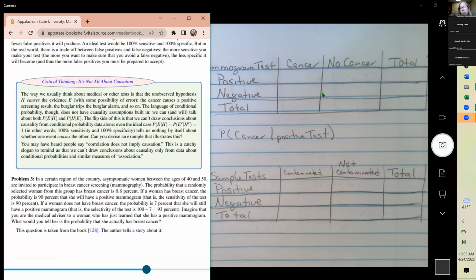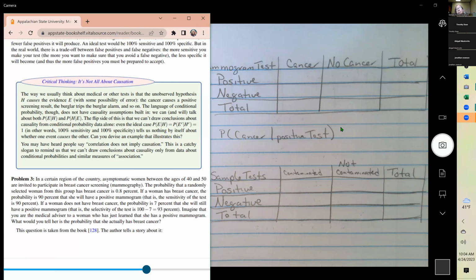What would you tell her is the probability that she actually has breast cancer? And so once we set up the table, we would be finding this probability. Remember, this line means given. So given that she had a positive test, what's the probability she has cancer? And we'll look that up once we fill in the table.